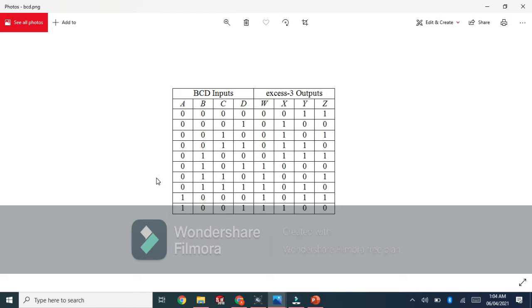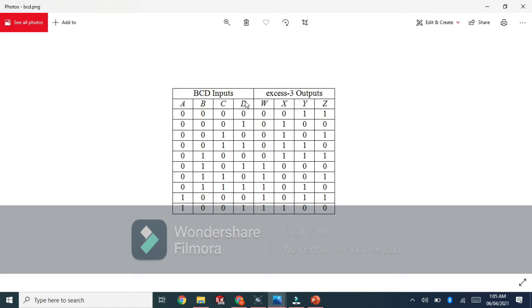After understanding the truth table, now I am going to relate the output with any one of the inputs to simplify my circuit. Here I relate the outputs with the input D. Here you see the output Z is 1 0 1 0.